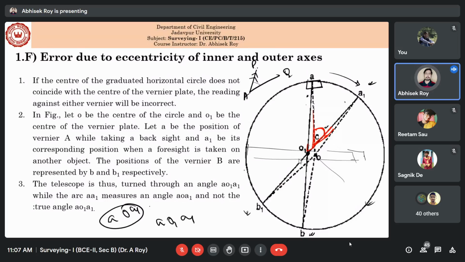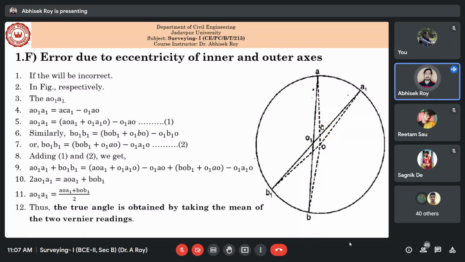So then what will we do? From the triangle perspective, you can know that AO1A1, or simply you can draw this one. This is A, this is say A1, this is O, and this is O1. This portion I have drawn here. See. Now from here we know that the exterior angle AOA1 will be this one plus this one, that we know.